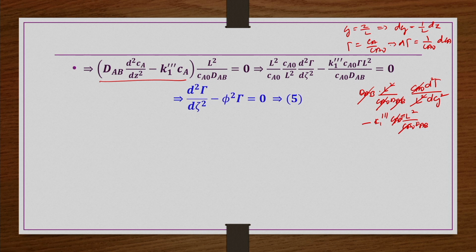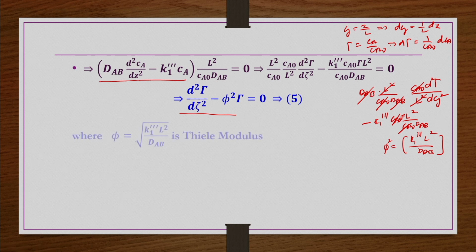We have only d square capital gamma by d zeta square minus this term having k1 triple prime L square by dAB. So, this term we are calling phi square. So, phi square gamma we are having. So, this phi is nothing but the square root of k1 triple prime L square divided by dAB, or phi square is equal to this one. So, this is nothing but Thiele's modulus, right.